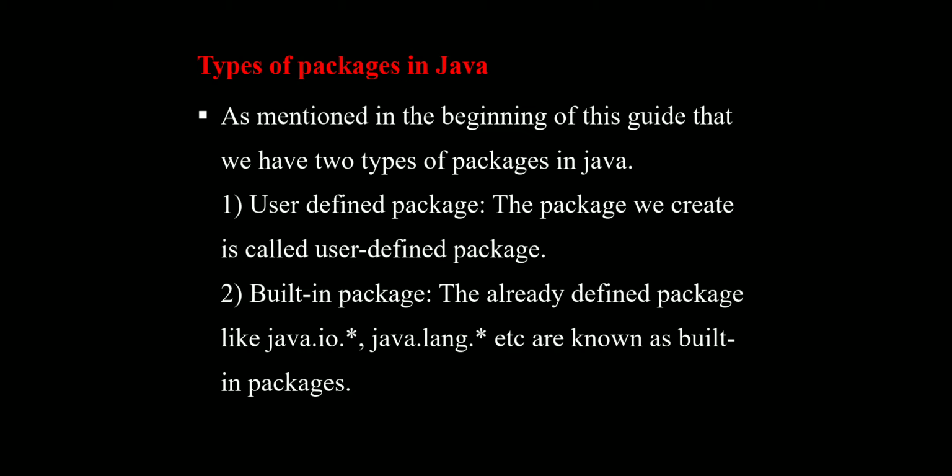Built-in packages are already defined packages like java.io.*, java.lang.*, etc. User-defined packages we have to create according to our programming needs and functions. These are the two types of packages used in Java.